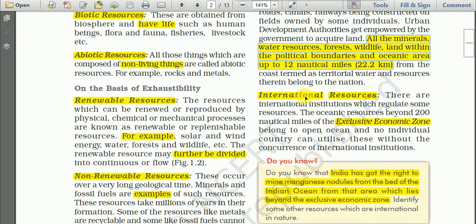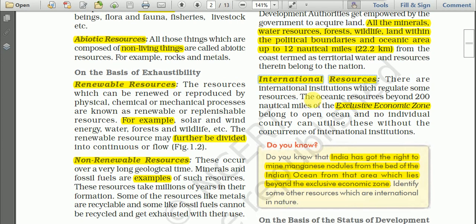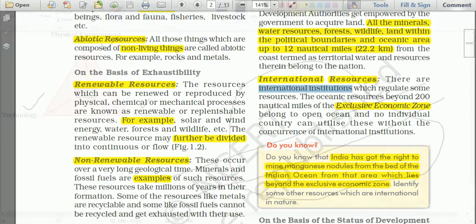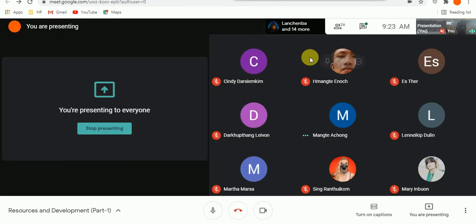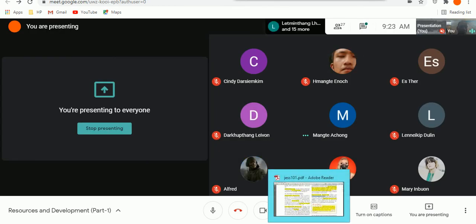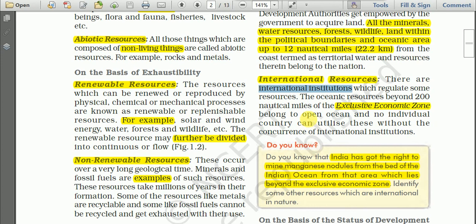And the fourth type of resources based on ownership is the international resources. There are international institutions which regulate some resources. For example, the United Nations organization is an international institution to regulate the use of resources.